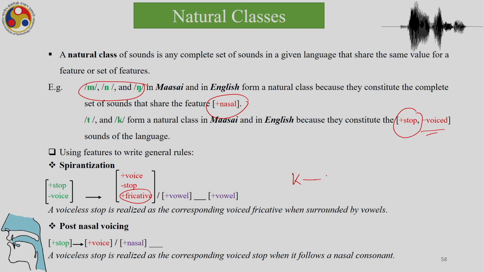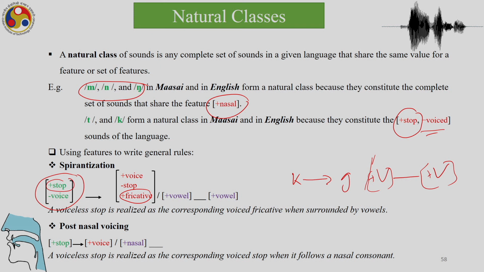So, the process of spirantization, where we saw that k goes to g when it is between two vowels, can now be expressed like this: the plus stop, minus voice becomes plus voice, minus stop, plus fricative in the environment where there are two vowels.